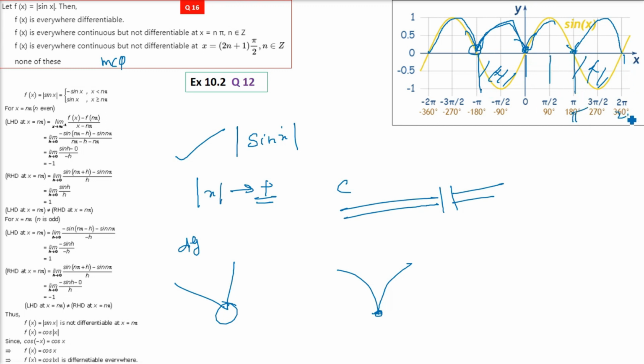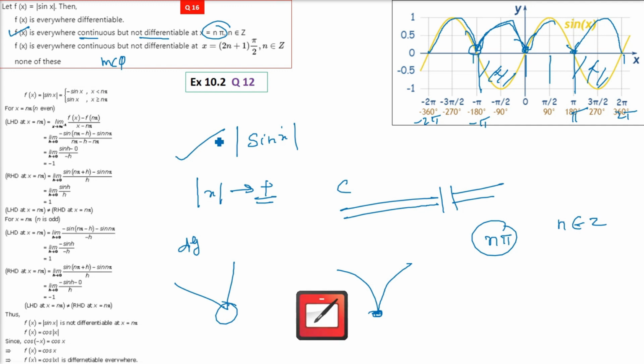So you have pi, 2 pi, negative 2 pi, you can just call it n pi, where n is an integer, because 1, 2, negative 1, negative 2, all these are integers. So when n belongs to Z, modulus sin x is going to give you continuity, but no differentiability at x equals n pi.